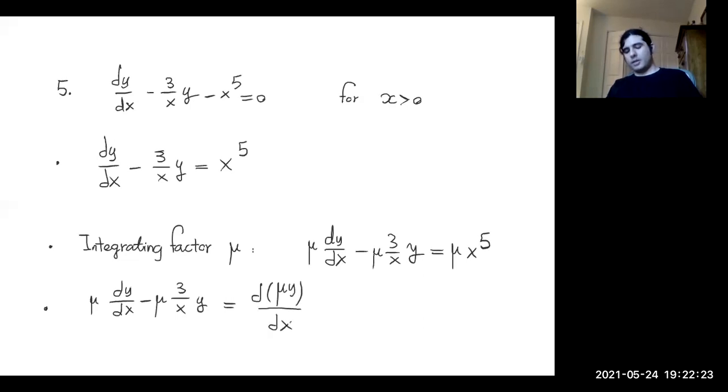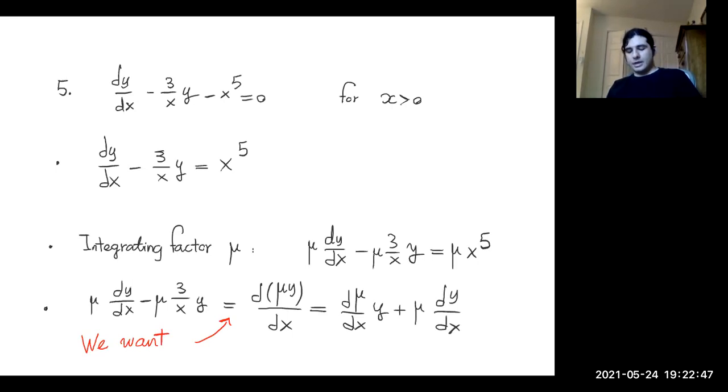This is what we want. Now, the right-hand side by the product rule is equal to the derivative of mu times y plus mu times derivative of y.